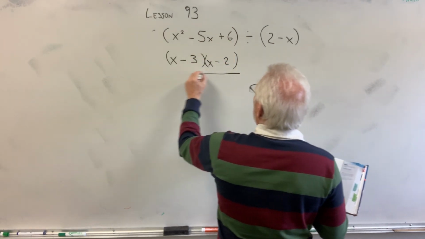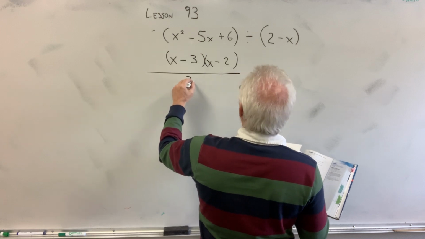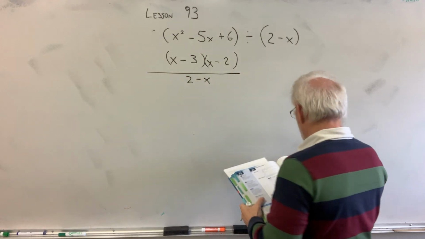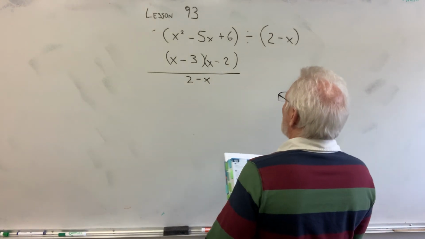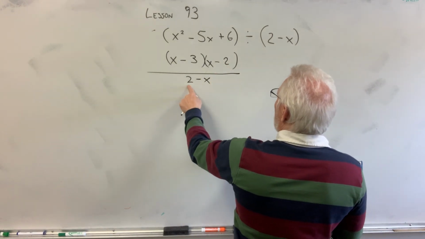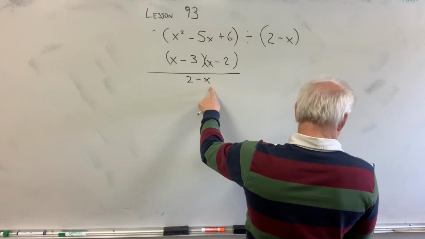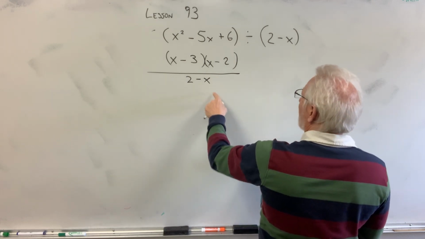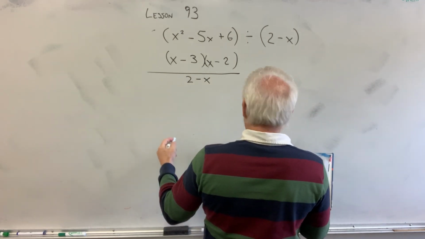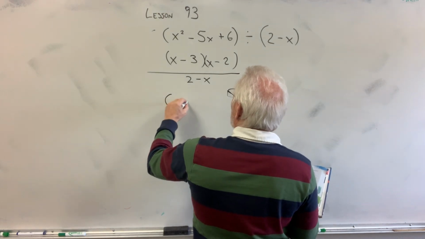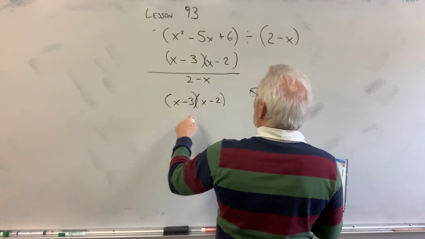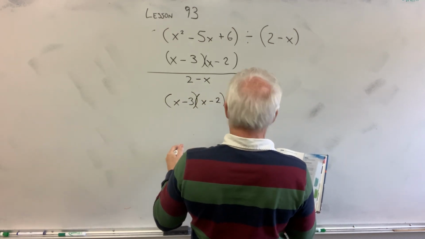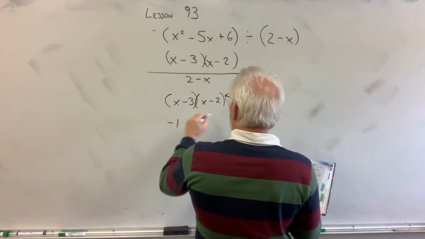Now, we're going to divide that by 2 minus x. Unfortunately, that one didn't quite work out as well because this and this are not exactly the same thing. So what we have to do is, as you can see in there, x minus 3 times x minus 2, and we're going to multiply this by a negative 1.